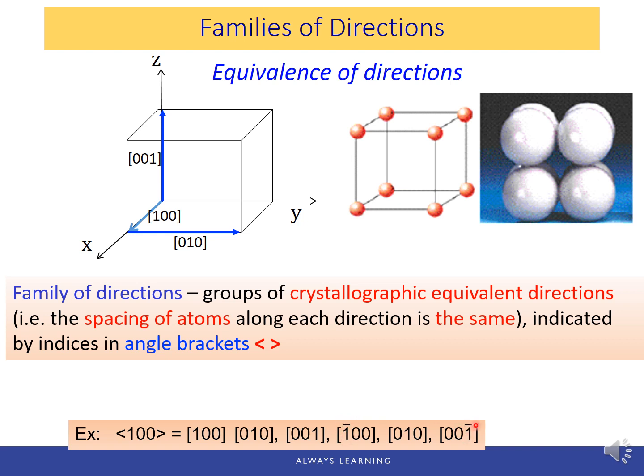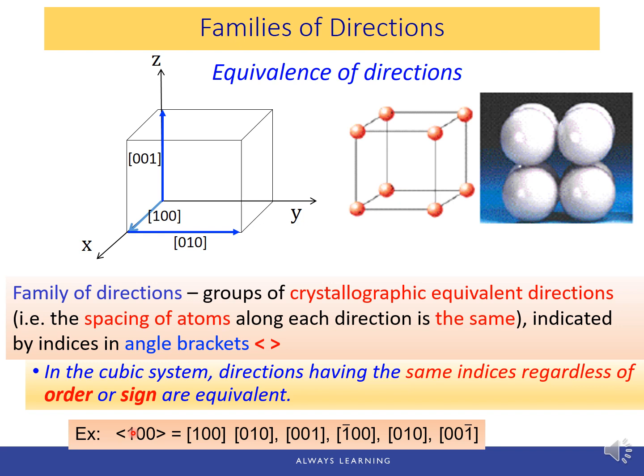In some directions we have negative ones, and in some directions we have the positive ones. We can say that in the cubic system, again, this only works for the cubic system with 90-degree angles and the same edge lengths, which is a.